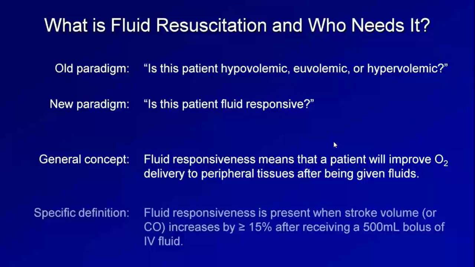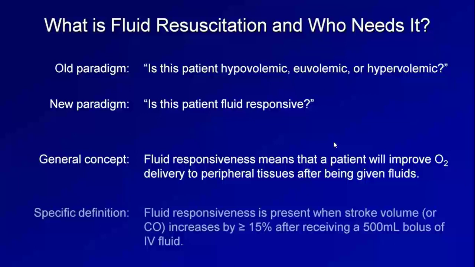So we have the old paradigm and the new paradigm. The old paradigm asks whether the patient is hypovolemic, euvolemic, or hypervolemic. If the patient is hypovolemic, I'm justified to prescribe IV fluids. The new paradigm asks whether the patient is fluid responsive or not.